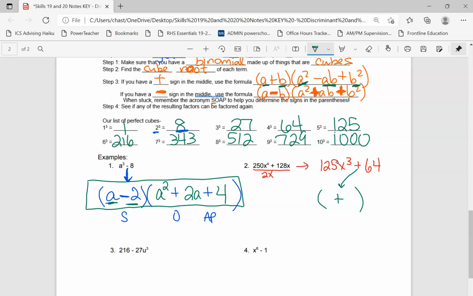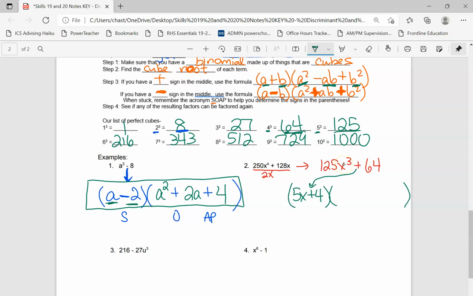Cube root of 125, well 125 was the cube of 5, so this will be 5x. And then for the 64, 64's cube root is 4. So we have 5x plus 4.